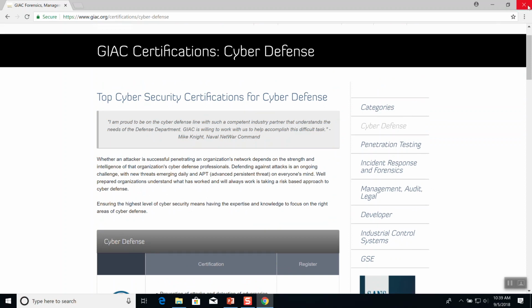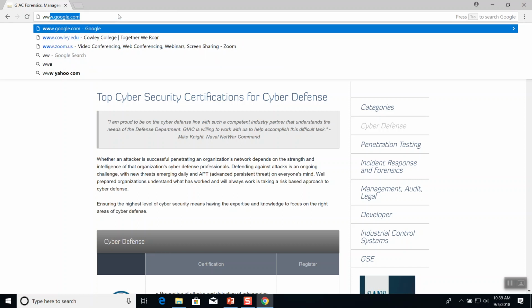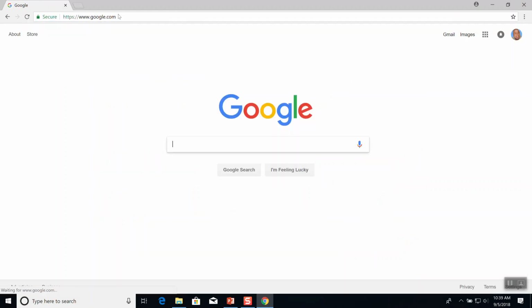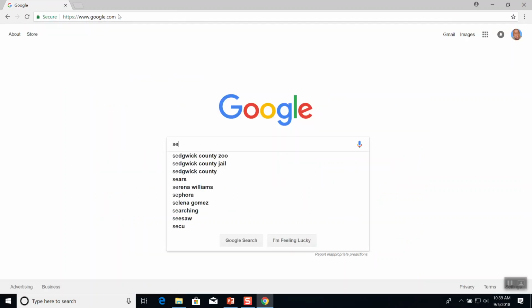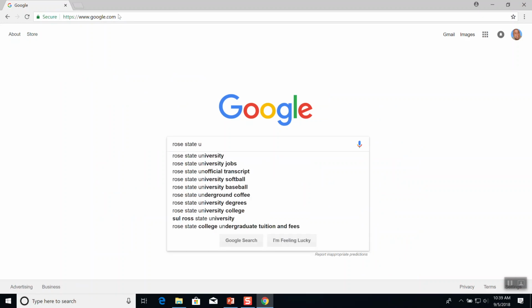Have you been to Rose State's website? I am clicking on it right now. Tons of security classes. If your focus was you wanted to really get into security big time, and you didn't mind going out of state, you're going to find Rose State is a lot better than us.